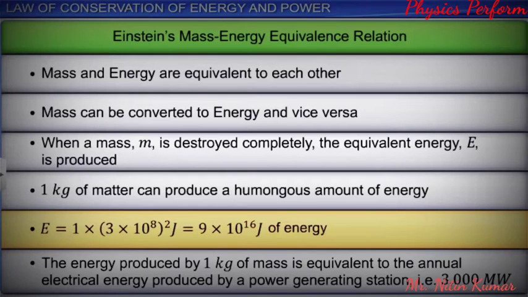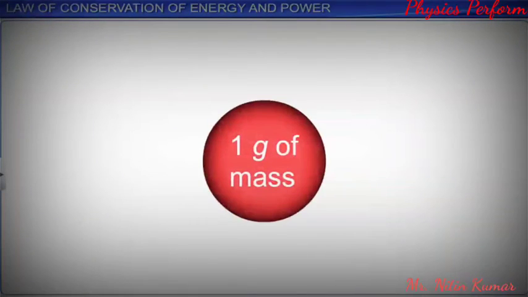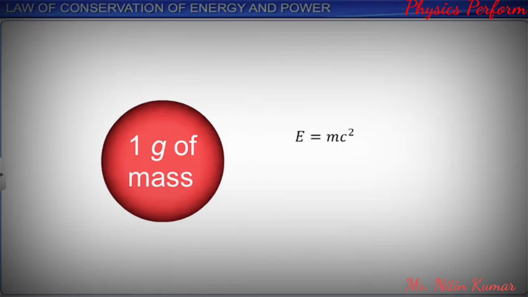The energy produced by 1 kilogram of mass is equivalent to the annual electrical energy produced by a power generating station, that is 3000 megawatts. Now, if 1 gram of mass is completely destroyed, the energy produced is expressed as E is equal to mc², that is equal to 0.001 × 9 × 10¹⁶, that is equal to 9 × 10¹³ joules.